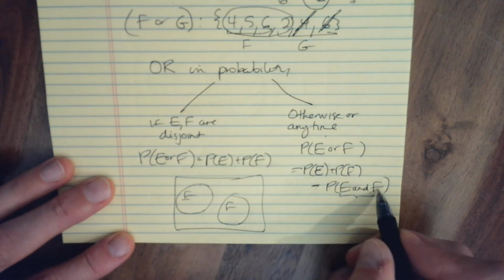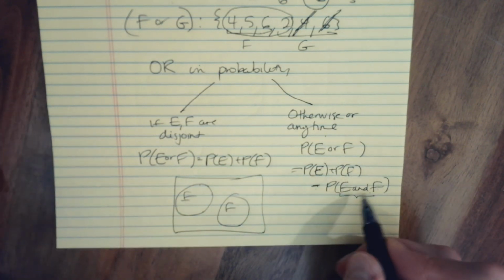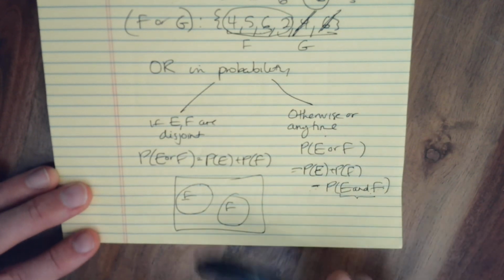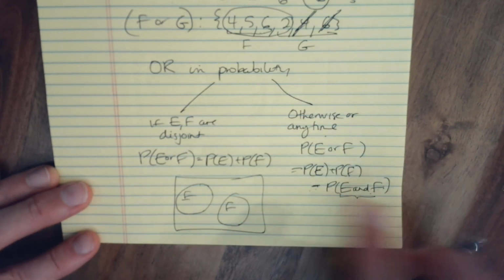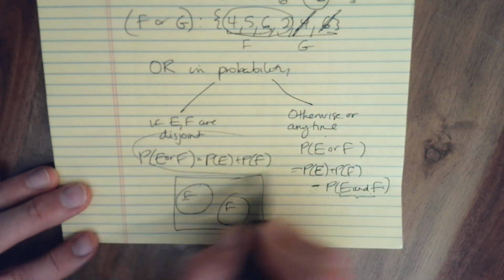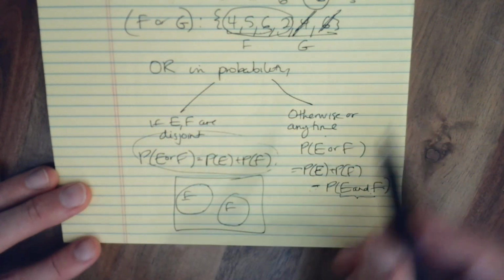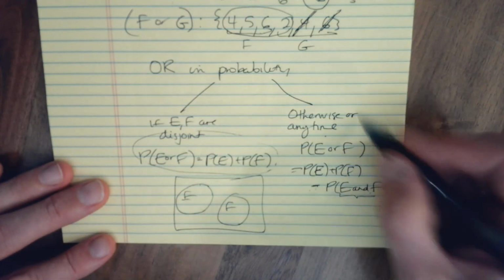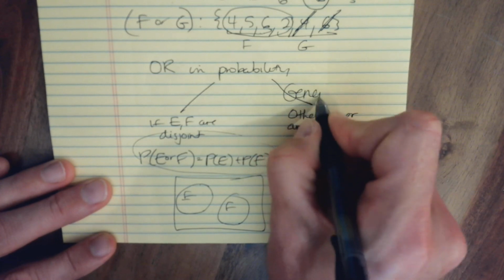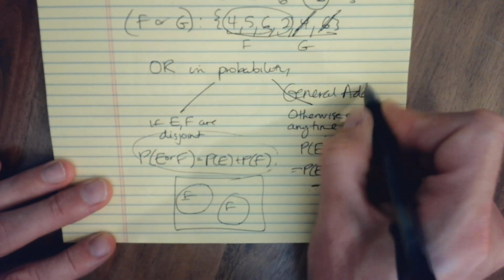Well, if they have nothing in common, this is empty, so the probability is 0. So when these are disjoint, actually this term becomes 0, and we end up back over here with this rule. So this is safe to use anytime. In fact, we call this the general addition rule.